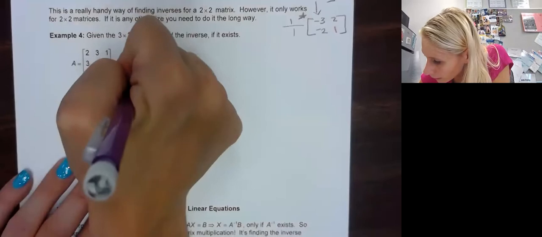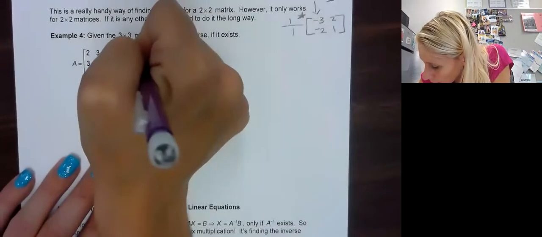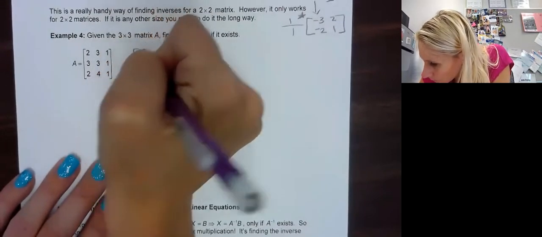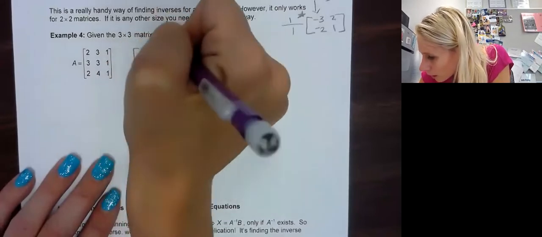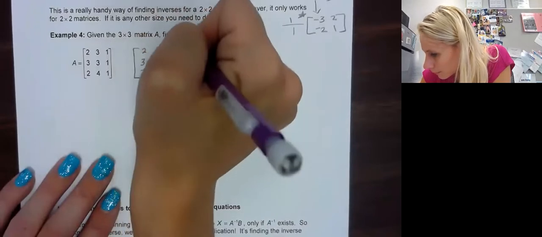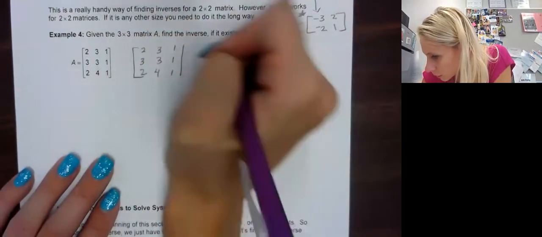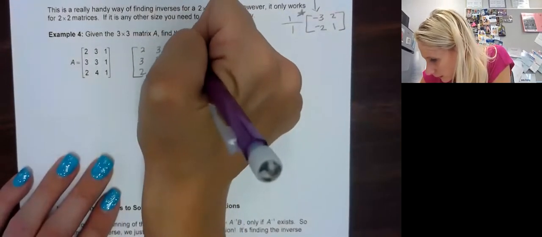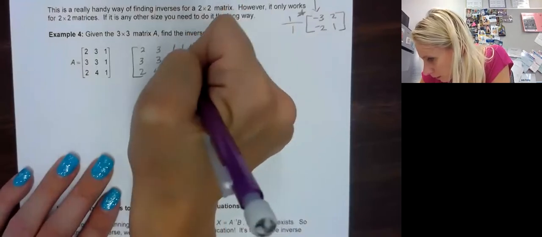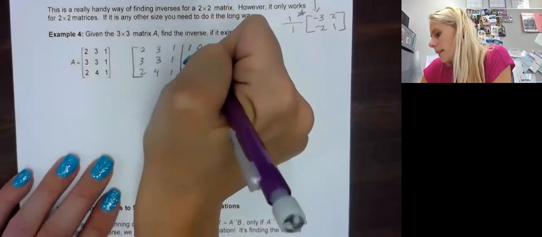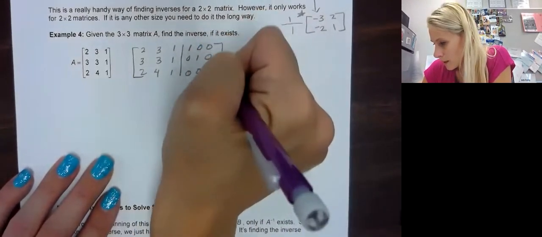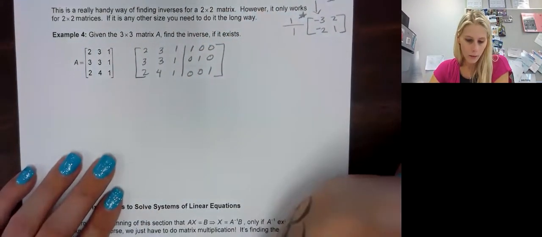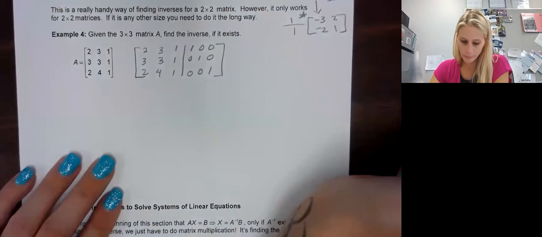All right. 2, 3, 2, 3, 3, 4, 1, 1, 1. Draw our line, draw our identity: 1, 0, 0, 0, 1, 0, 0, 0, 1. All right, what can we do next?